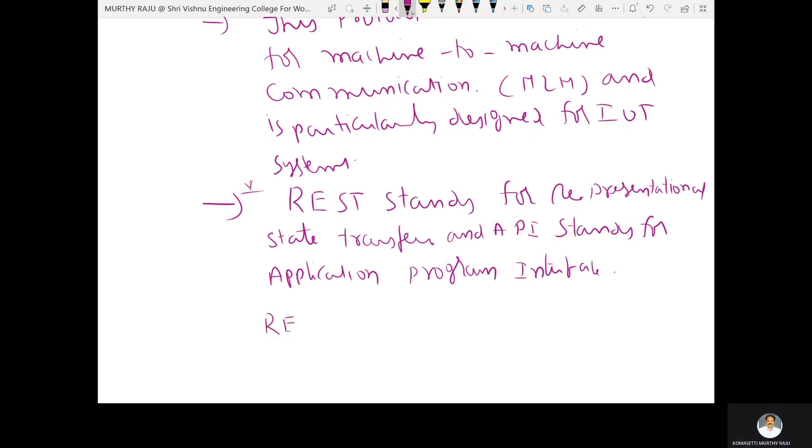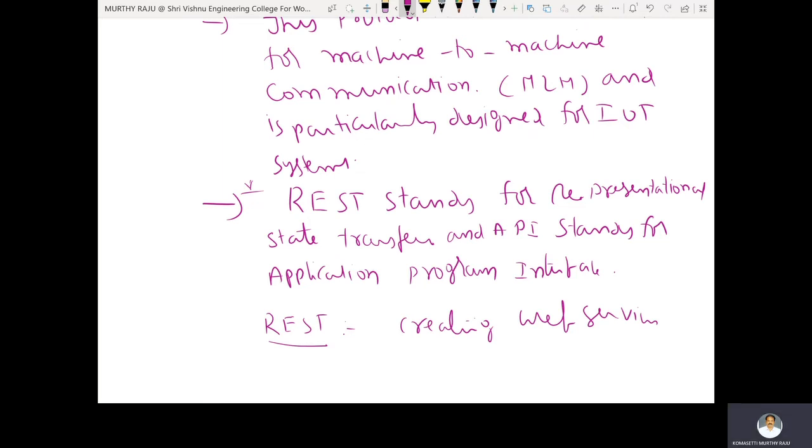REST, representational state transfer, is a software architectural style that defines the set of rules to be used for creating web services.